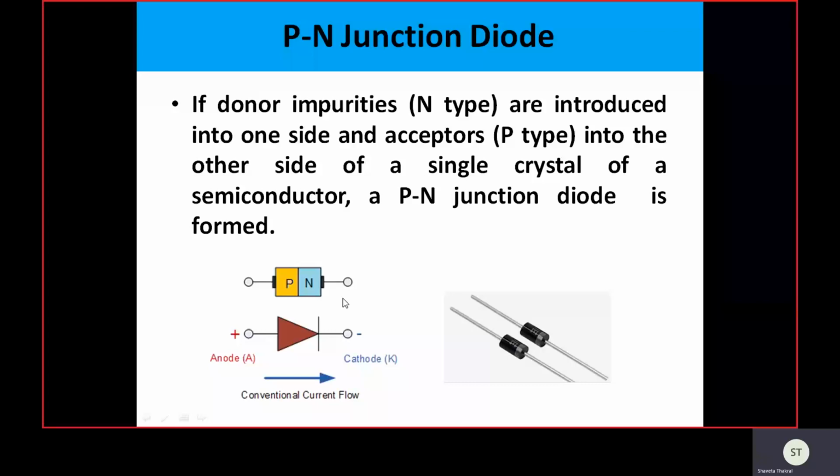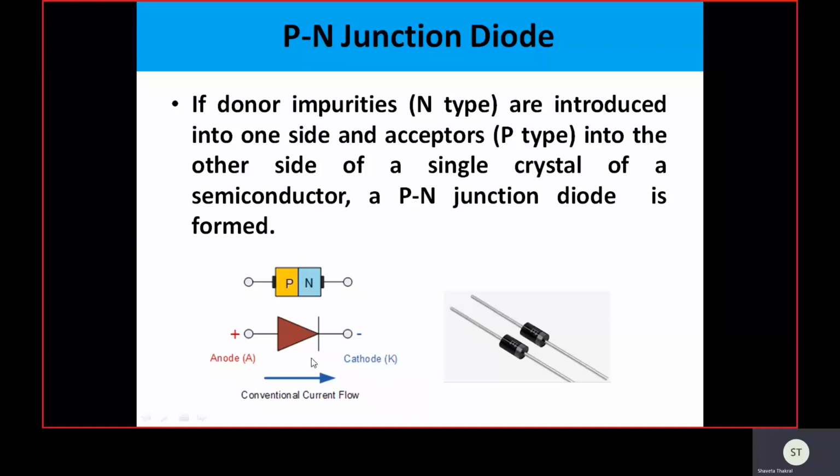This is called a PN junction diode, and practically the diode looks like this. The number we can see on the diode is 1N4007, and the black side is considered the anode, the positive side, and the gray side is considered the cathode, the negative side.